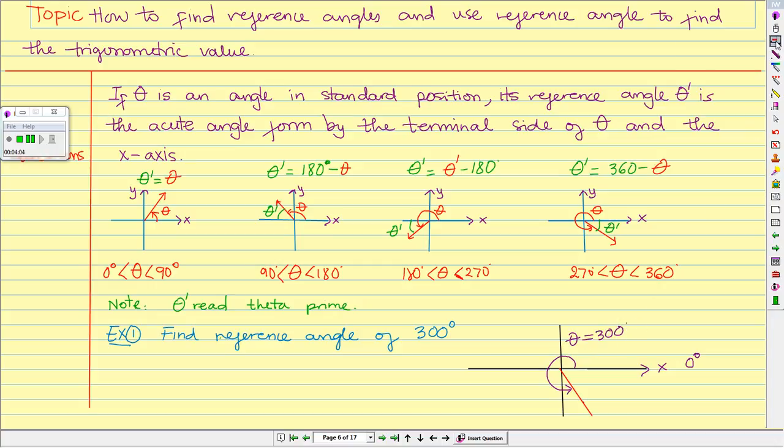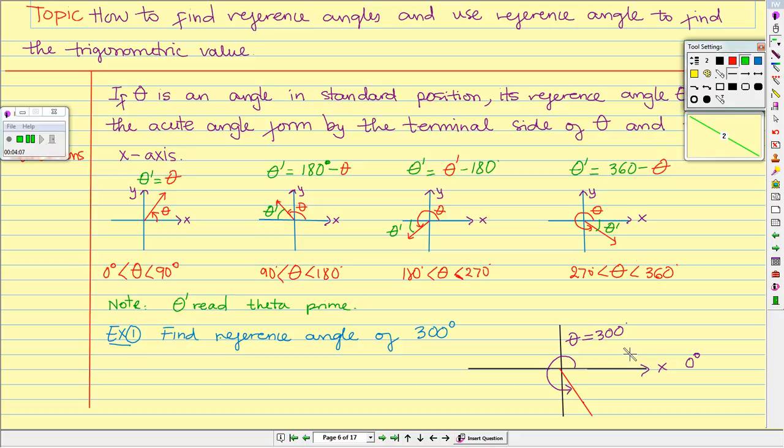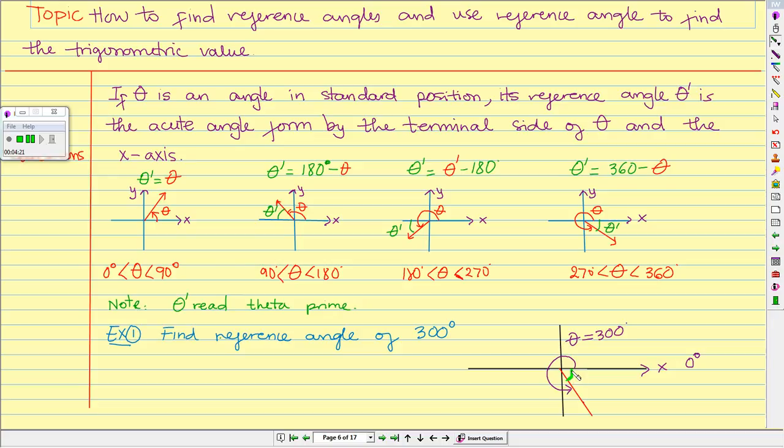So now I have to locate my reference angle. My reference angle is formed by the terminal side of the given angle theta and the x-axis. So this acute angle will be my reference angle, theta prime.